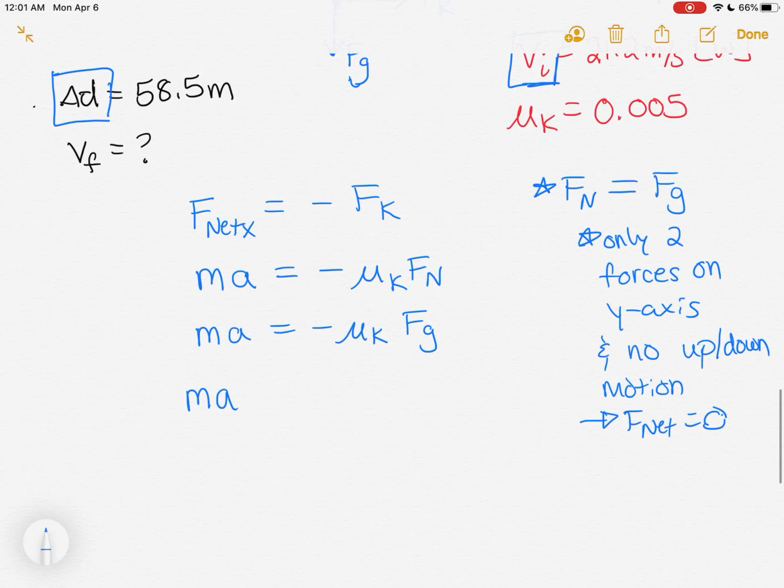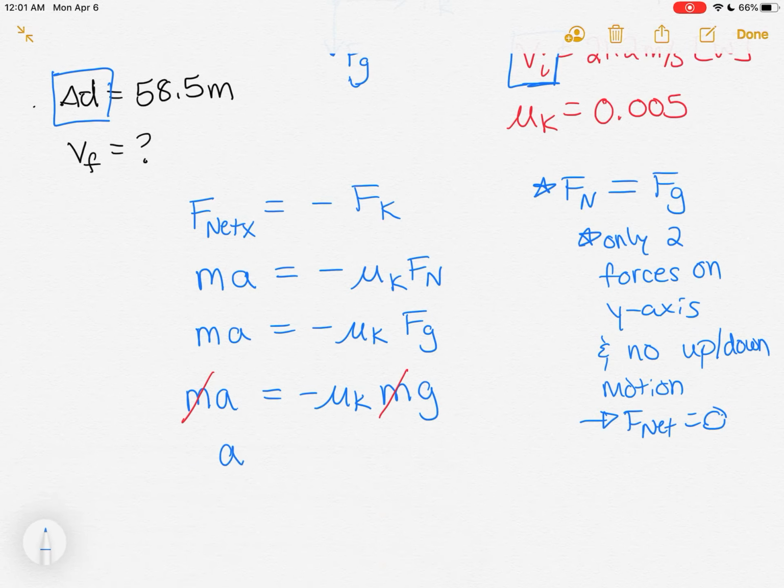Okay, so now we have our ma is equal to our negative mu k, and we know the formula for Fg is mg. So we can substitute that in. The nice thing about this is that it allows me to cancel out my mass, which means I don't actually care about the mass of my puck.